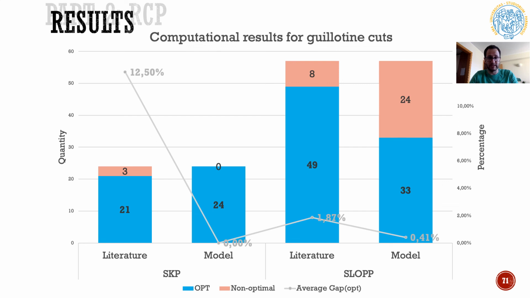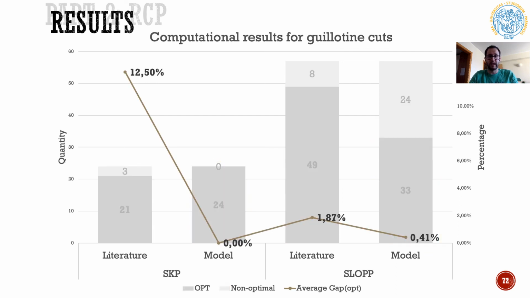When it comes to SKP, the model proposed outperformed the literature approaches, solving 24 instances optimally. However, when it comes to SLOPP, the number of optimal solutions found was lower, only 33, although the average gap is still low, lower than 0.5%, which is not the case when we analyze the gap in the literature for the SKP, greater than 12%.